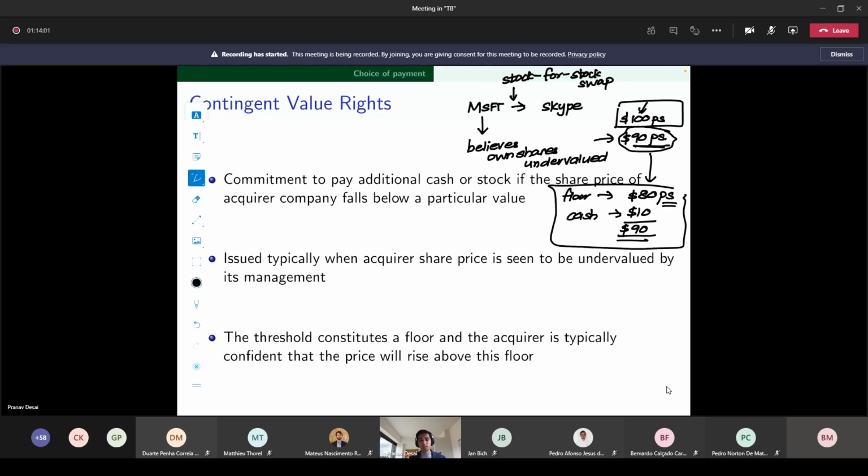Now, one of the very simple reasons why this is not used is that, from the perspective of management, typically they do not see their own shares as too undervalued. And secondly, it would be better to pay with cash instead of stock if it believes that its shares are undervalued. So this is one particular way, but it's not very widely used.